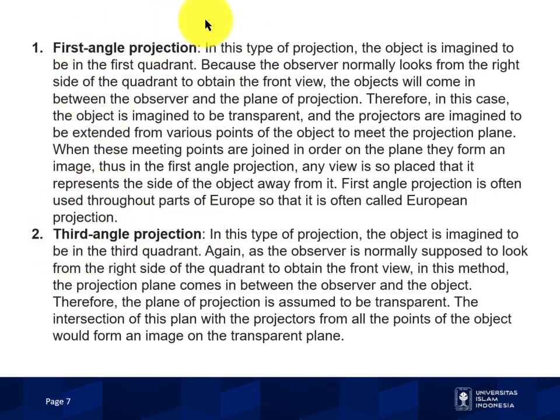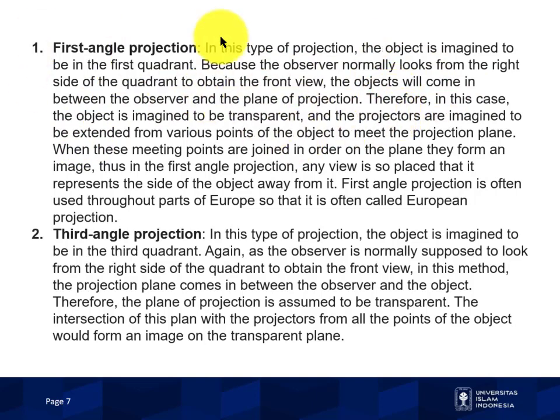First angle projection. In this type of projection, the object is imagined to be in the first quadrant because the observer normally looks from the right side of the quadrant to obtain the front view. The object will come in between the observer and the plane of projection.